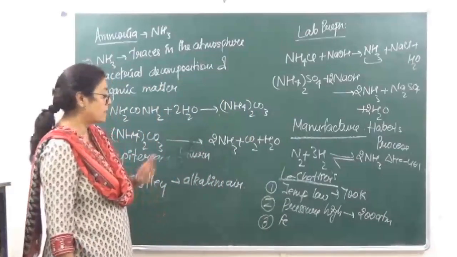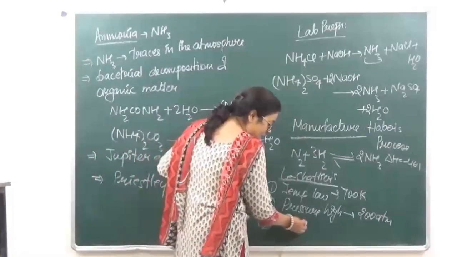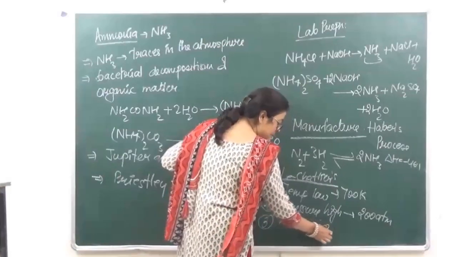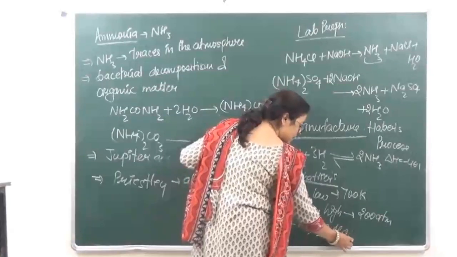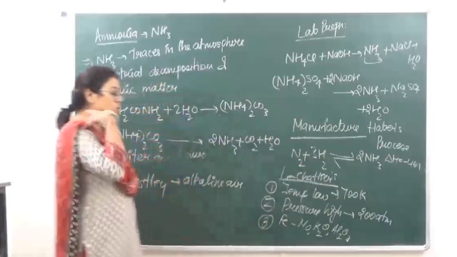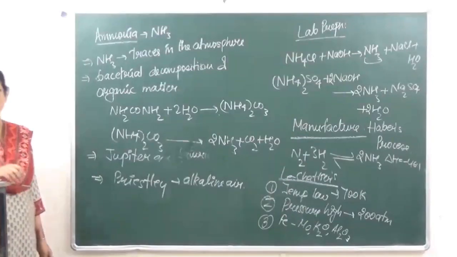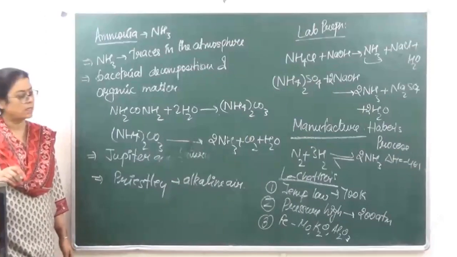And this iron is promoted by promoters like molybdenum, K2O, or aluminum. So these are the 3 conditions which are going to give us the best yield of ammonia according to Haber's process. Clear ho gaya?